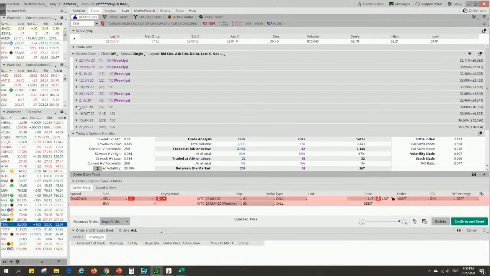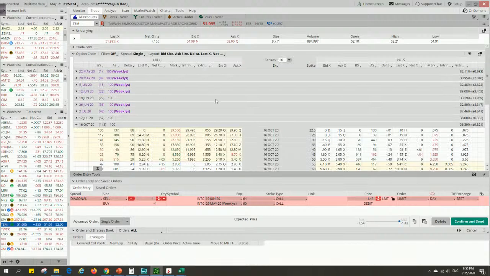The nearest is only 17 July, which is 2 months, too short for my preference. The next one is 16 October with 150 days to expiration, about 5 months. And the next one is 15 Jan, which is too far out of my comfort. So in this case, I'll just look at the 16 October and choose that instead.